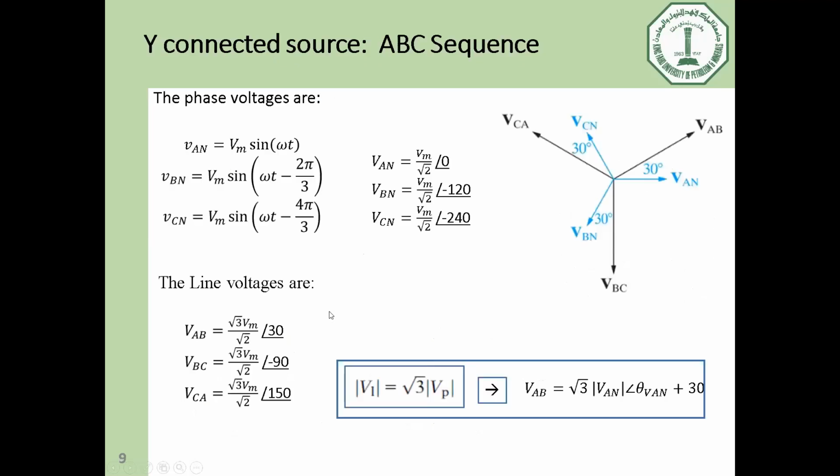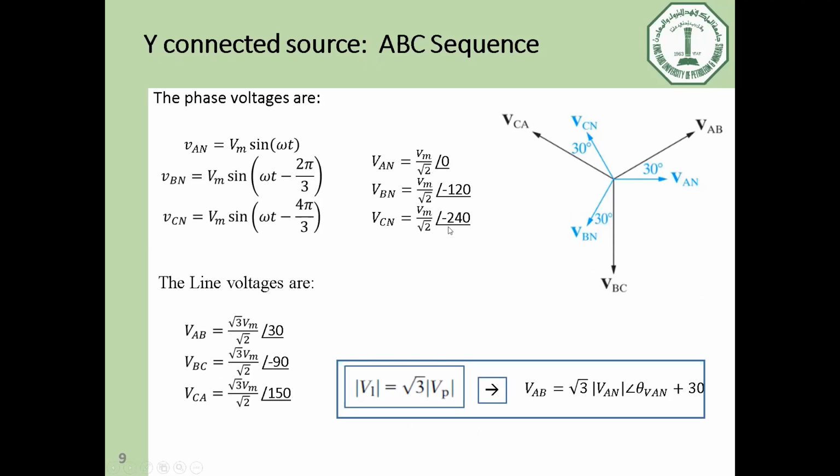In case of a star connection, we can represent the sinusoidal waveforms in these expressions: VAN equals V maximum sine omega t, VBN equals V maximum sine of omega t minus 2 pi divided by 3, which is 120 degrees, and VCN equals V maximum sine of omega t minus 4 pi divided by 3, which is 240 degrees.